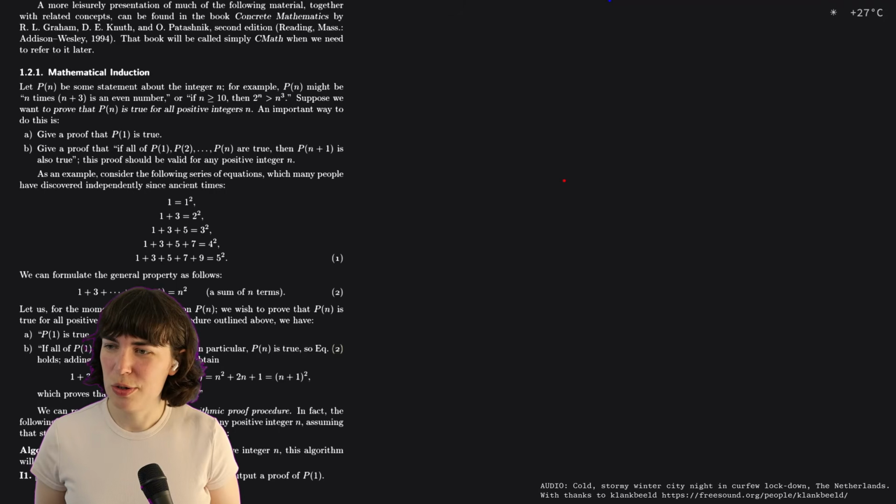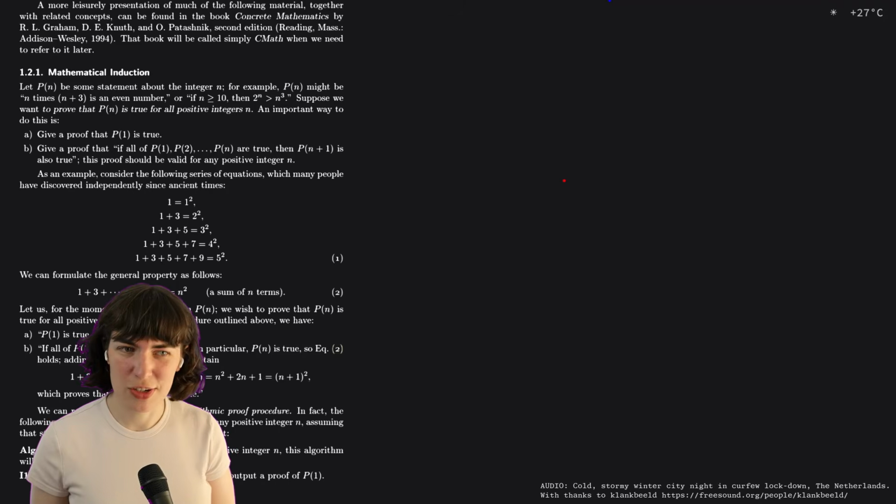Suppose we want to prove that P_n is true for all positive integers n. An important way to do this is to give a proof that P_1 is true, and give a proof that if all of P_1, P_2 through P_n are true, then P_(n+1) is also true. This proof should be valid for any positive integer n.